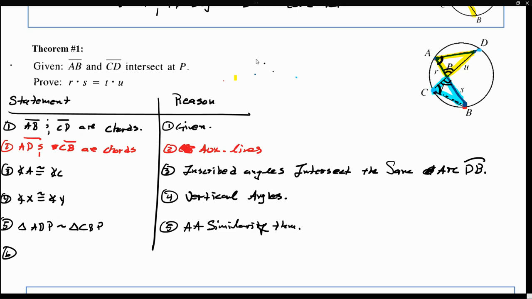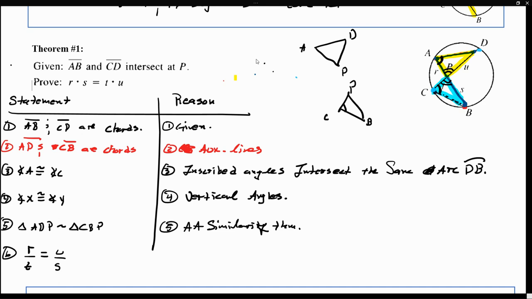Notice that the line segment R, which was right here, corresponds to T, so therefore R over T should be equal to U over S. So we got triangle ADP, and we got our other triangle CPB.